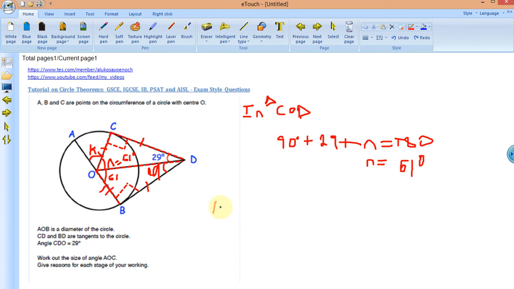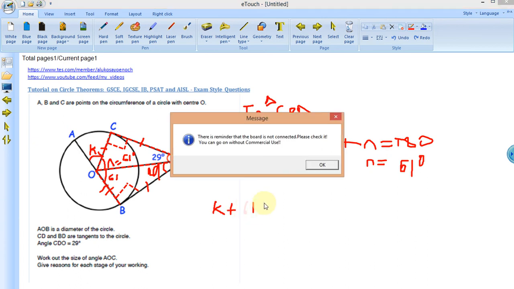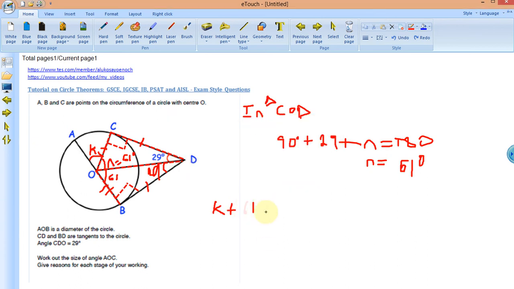Then I can now work with angle sum on a straight line. So K plus 61 plus 61 lies on a straight line. So the angle sum on a straight line is 180 degrees. So K would be 180 minus, 61 plus 61, which is 122. So 180 minus 122.